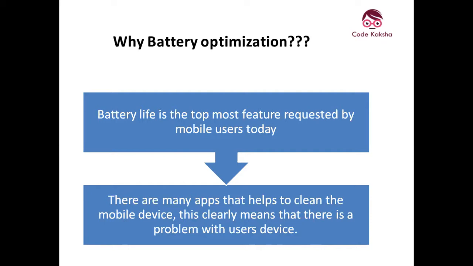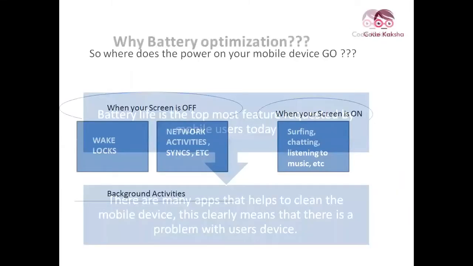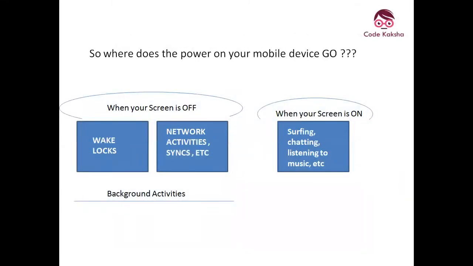There are CPUs and radios, and background activities when the screen is off. When the screen is on, we are either surfing the internet, watching video, chatting, or listening to music. When the screen is off, there are background services running.